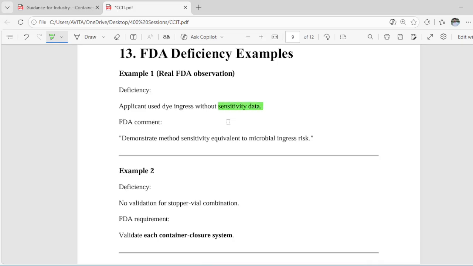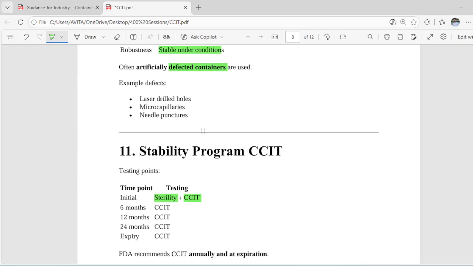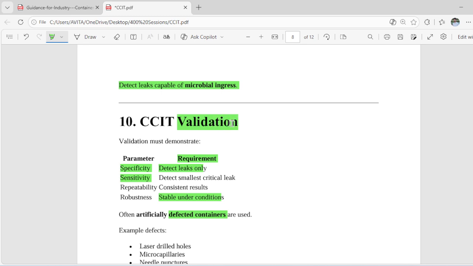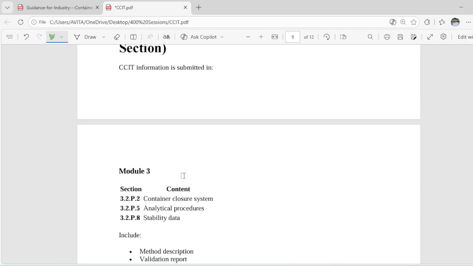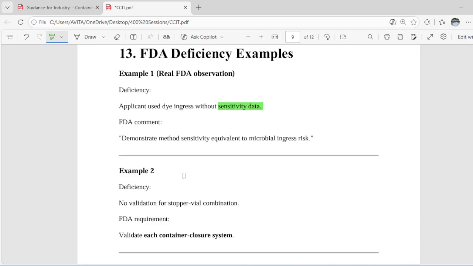As I mentioned earlier, we need to prove the validation as well, like whether it is specific, sensitive, reproducible, robust. So all that we have to provide. If we fail to provide the sensitivity data, then it could be a regulatory flag. And FDA comments: demonstrate method sensitivity equivalent to the microbial ingress risk.